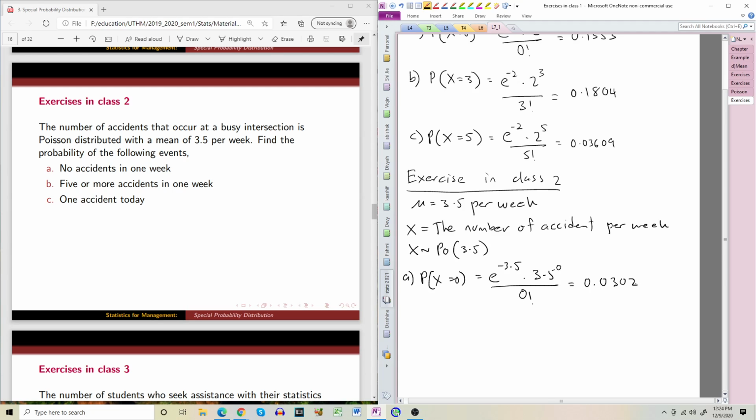This is the answer. 5 or more accidents in 1 week. Again in 1 week, so you can use the same mean.